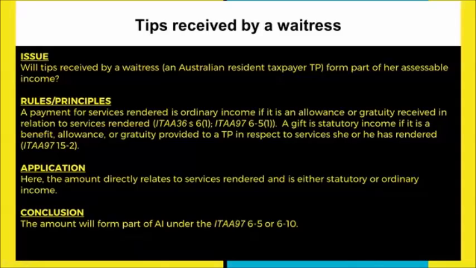There's a clear connection between the service and the receipt of money. Even if the person giving it was to characterise it as some form of gift, that doesn't really matter, because it can still be deemed to fall under statutory income, again in 15-2 of the 97 Tax Act. And so really here it's going to form part of assessable income, either as ordinary income under 6-5 or as statutory income under 6-10.